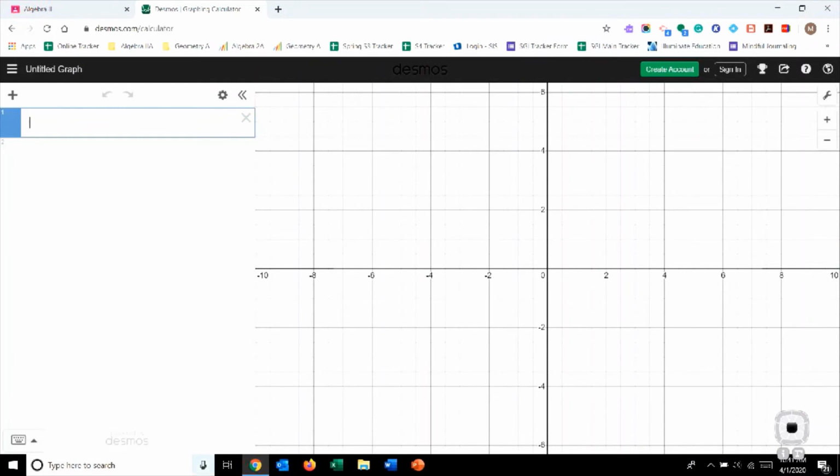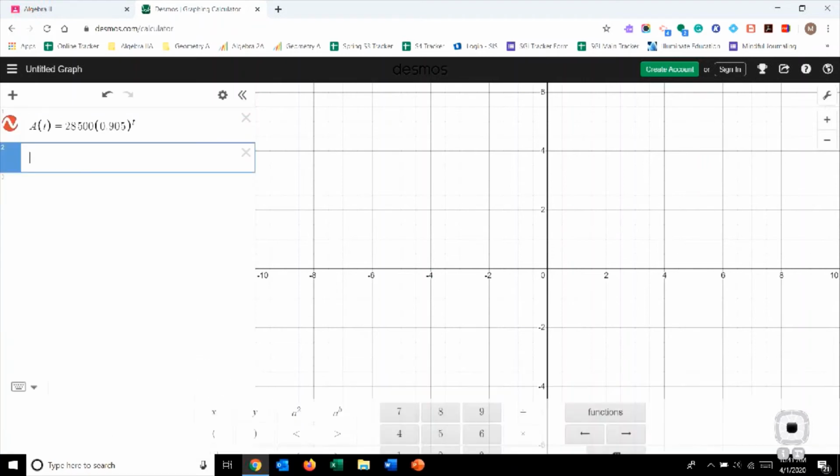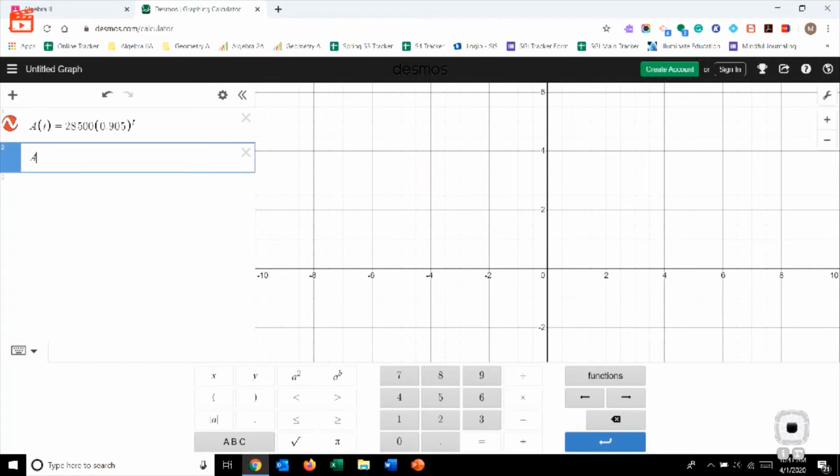And my first function is A of t is equal to 28,500 times 0.905, and then we're gonna click on this button to put the exponent to the t power. And then the second one is A of t is equal to 5,000.